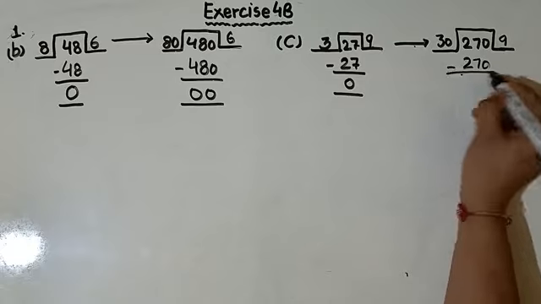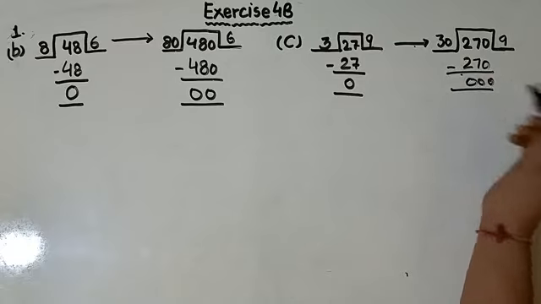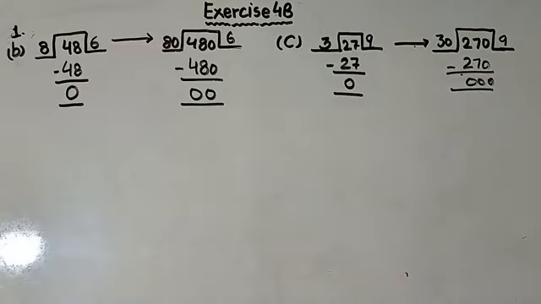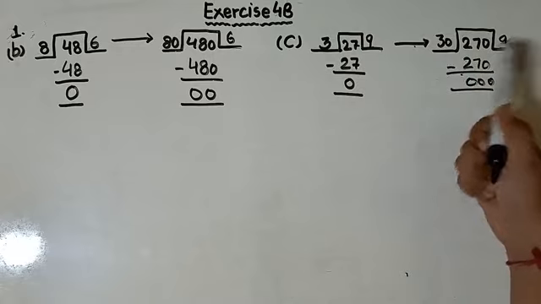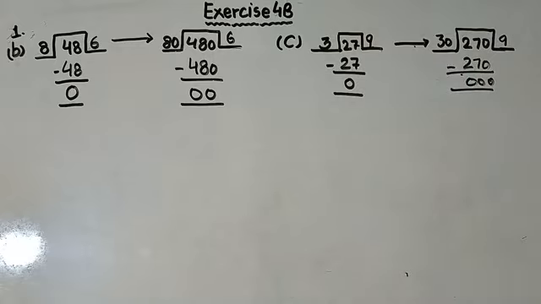Is that clear? So 270 minus 270 we get 0. See, one thing to remember, here we need both the divisor and dividend to have the last digit 0. Is that clear? So we have done question 1.